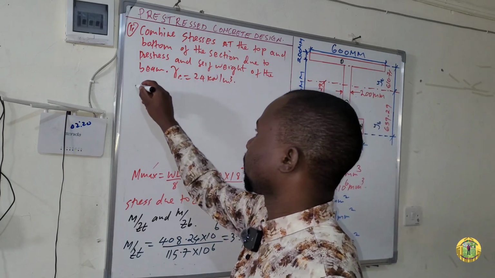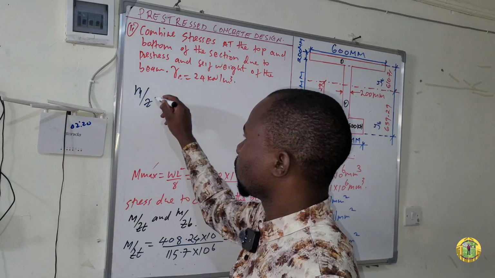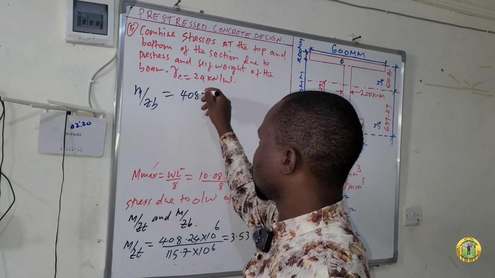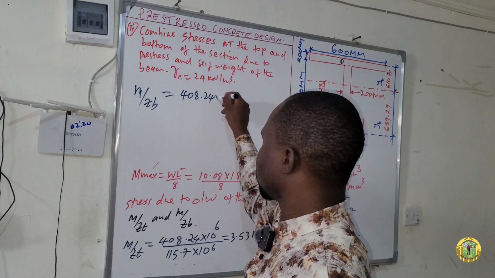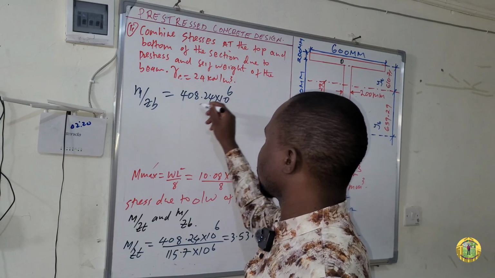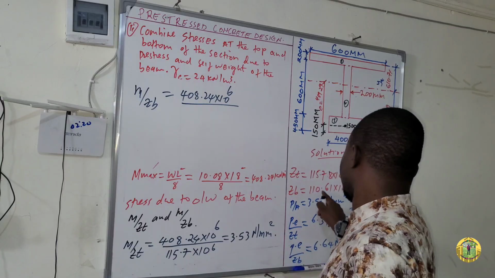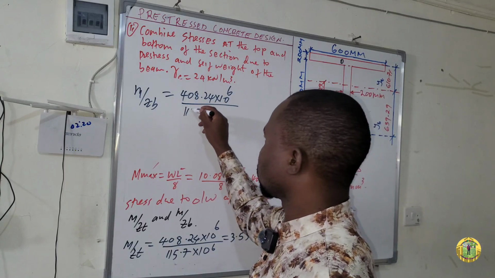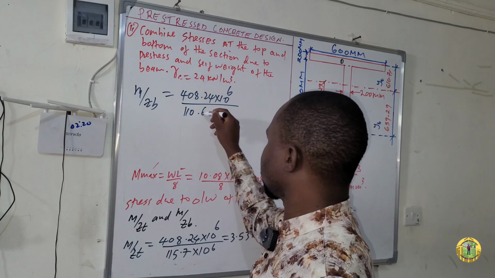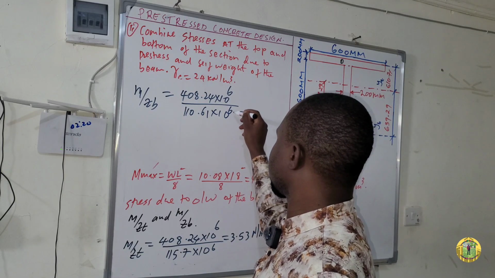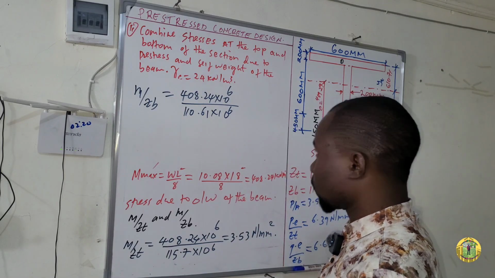M over Z bottom will be 408.24 times 10 to power of 6 over Z bottom, which is 110.61 times 10 to power of 6.